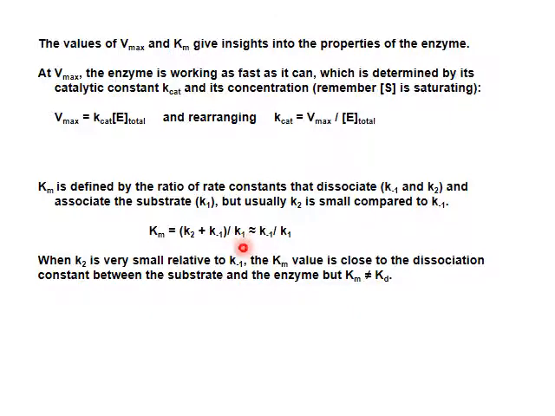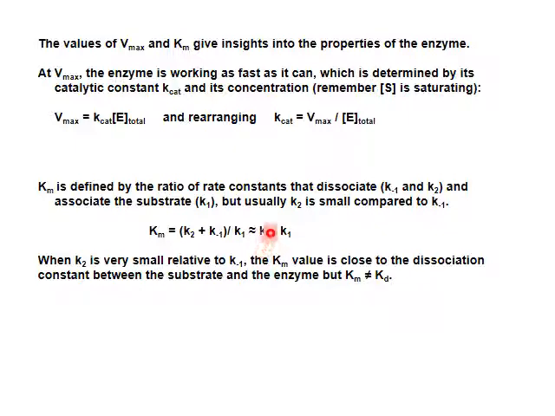And since the value of k2 is small, usually, it can be approximated to be k minus 1 over k1. So one is tempted to think of the Km value as a dissociation constant, because you're looking at the rate constant of the reverse reaction divided by the rate constant of the forward reaction.